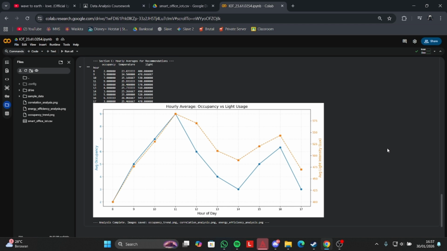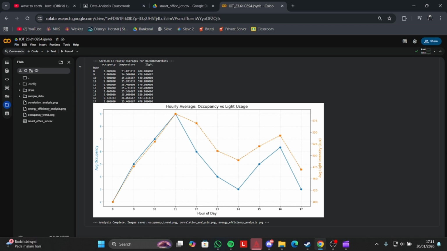Okay, so for the conclusion, this analysis proved that energy efficiency relies on aligning building systems with real-time occupancy. The data shows a clear link between user presence and temperature, which means the correlation, yet HVAC and lighting continue to run at full capacity even during low traffic periods like lunch breaks.